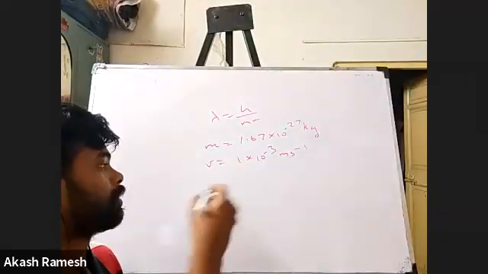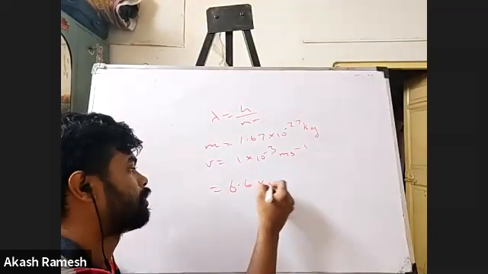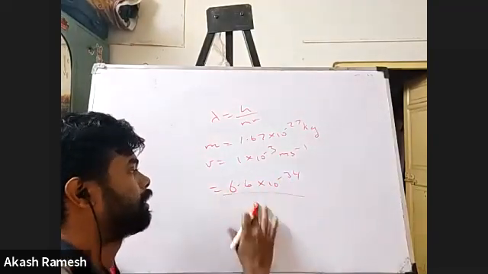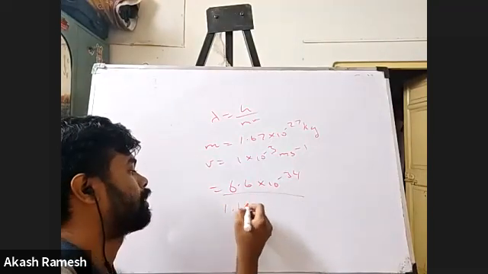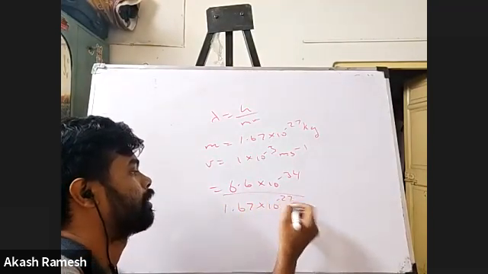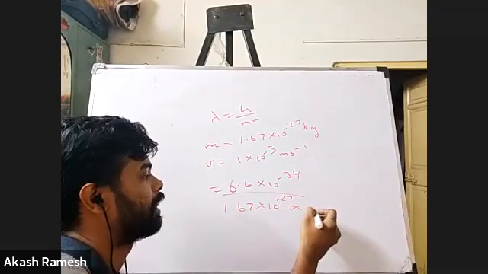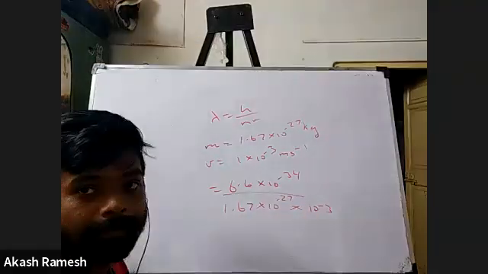So it will be 6.6 into 10 to the power minus 34, that is h, divided by m, that is 1.67 into 10 to the power minus 27, into 10 to the power minus 3.